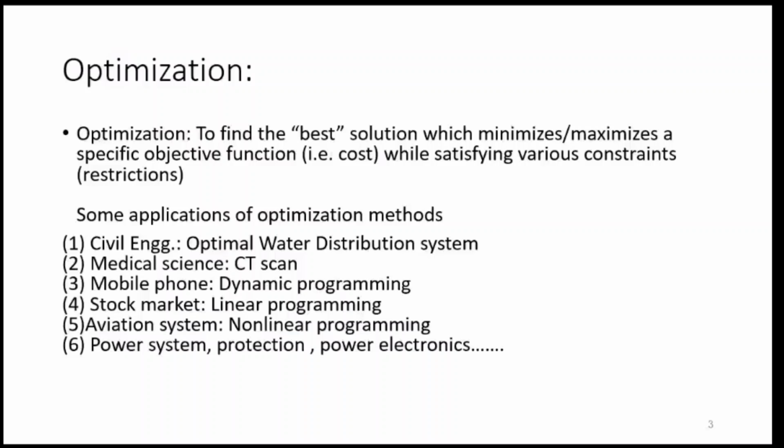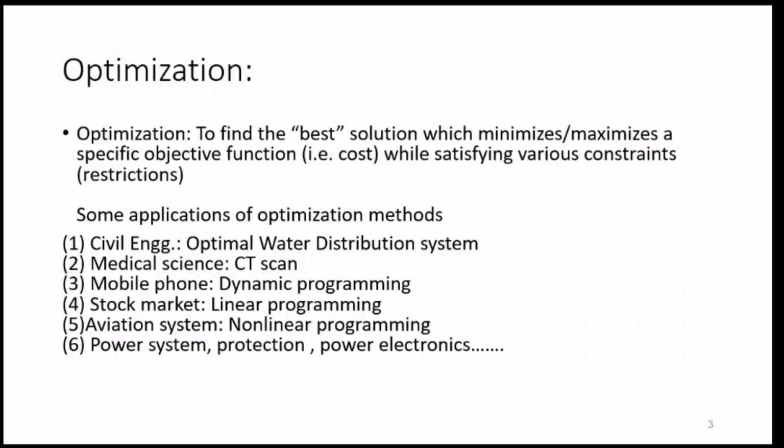It is the optimal water distribution system, in which we try to optimize the diameter of the pipe to minimize the losses of the water, or also we want to minimize the cost of the water distribution network. So this is nothing but an optimization problem.